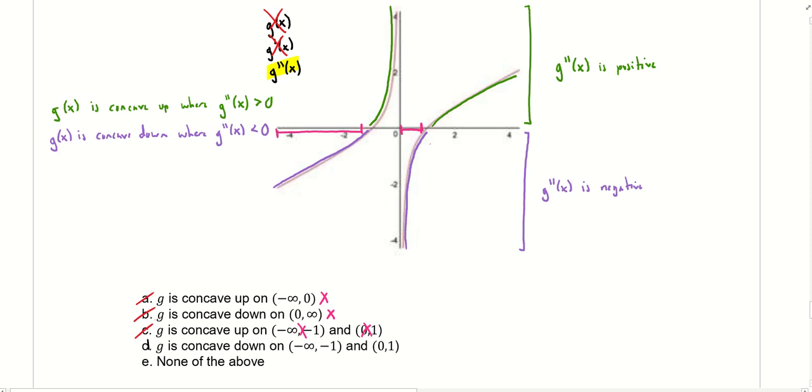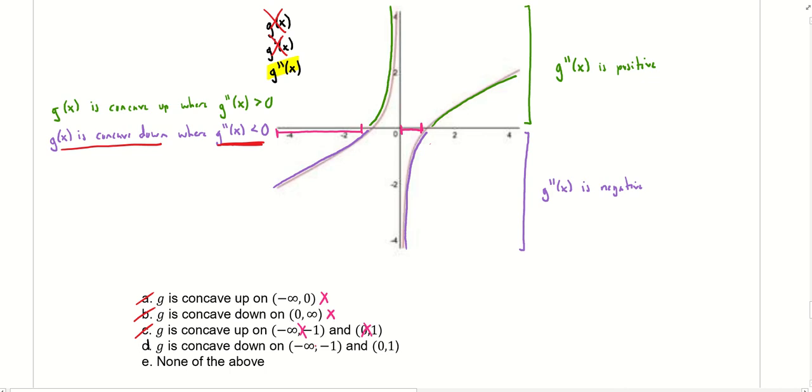But if we look at D, D is looking at those same intervals, negative infinity to negative 1 and 0 to 1, and it's stating that the function is concave down on those intervals. And that is correct, because on those intervals we can see that we have a negative second derivative, and a negative second derivative indicates that's where our original function is concave down.